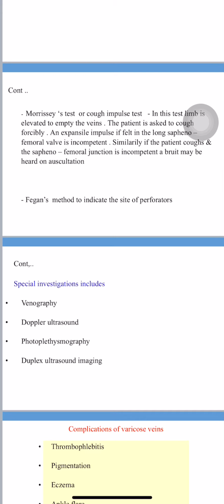Next is duplex ultrasound imaging. In this technique, high resolution B-mode imaging and Doppler ultrasound are used to obtain images of veins and also measure the blood flow in these vessels. Direct visualization of vessels, anatomical structure and function of the vein can be made using duplex ultrasound imaging.